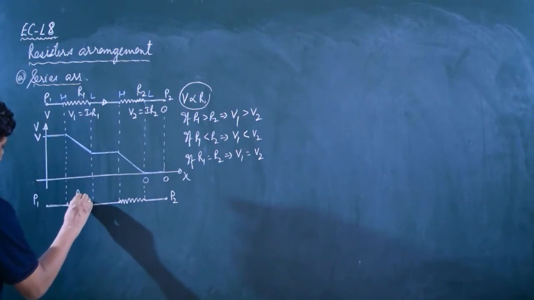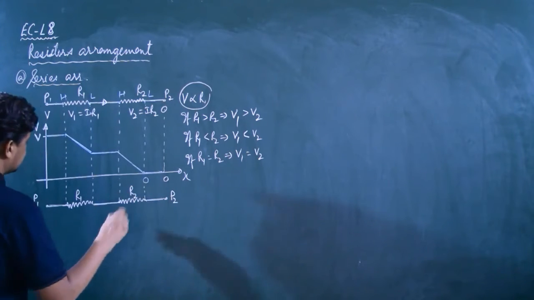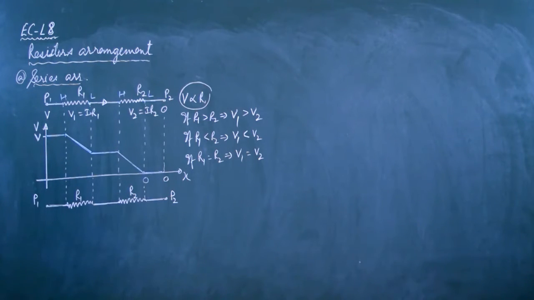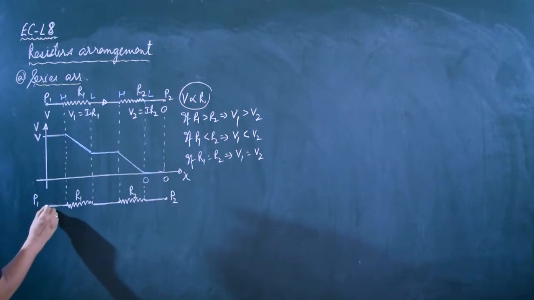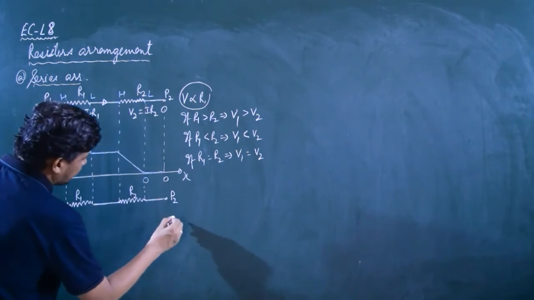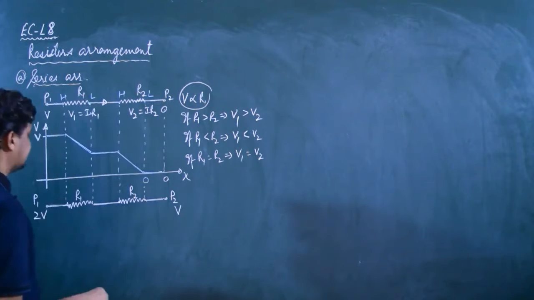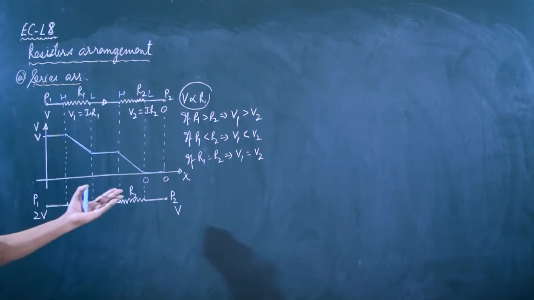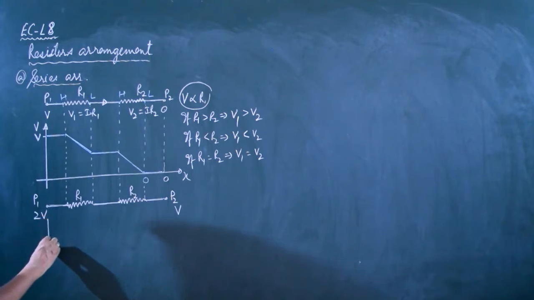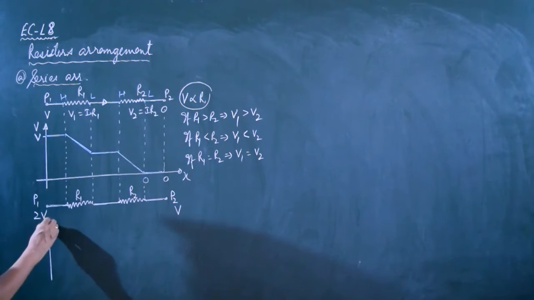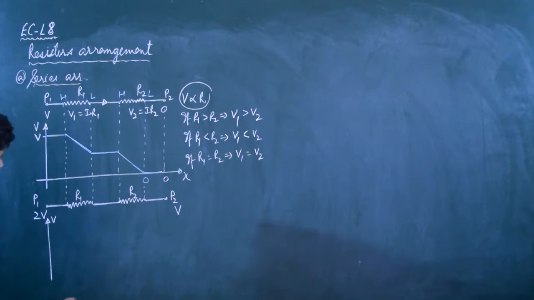Here resistance is R1 and here resistance is R2. Now again we have to draw the potential position graph. At this point potential is suppose 2V, and at point P2 potential is V. Then again the potential difference between P1 and P2 is V. Now we have to draw the V-x graph again.